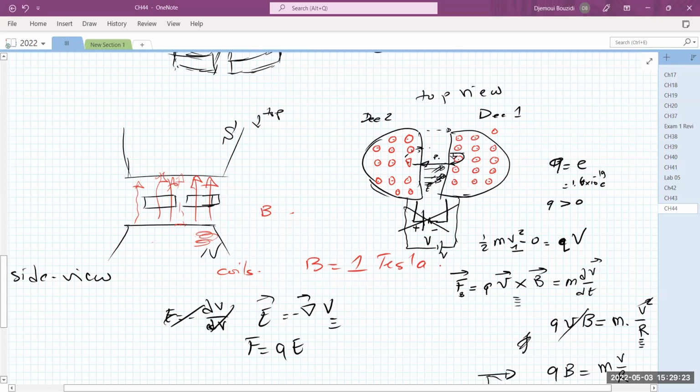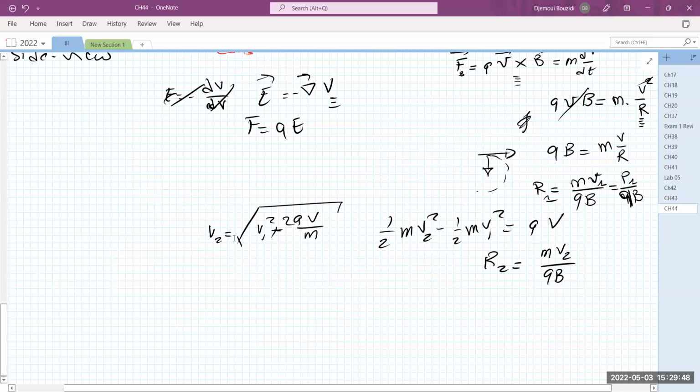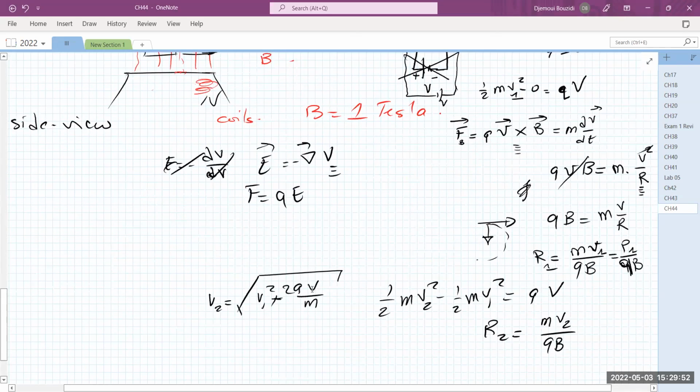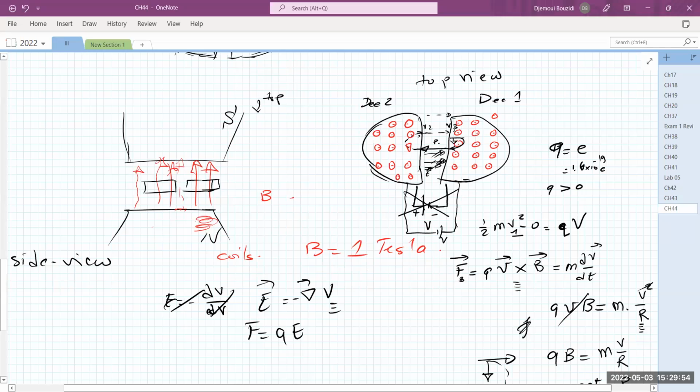So it's going to come out with V2, and if I switch the voltage in time, the minute the particle emerges, back to the way it was the first time, this particle will also accelerate, will gain more velocity. By the time it enters in here, it's going to have V3. And that V3 is going to be given with a similar expression to this one, except I will have V2 in here, squared. And this quantity doesn't change.